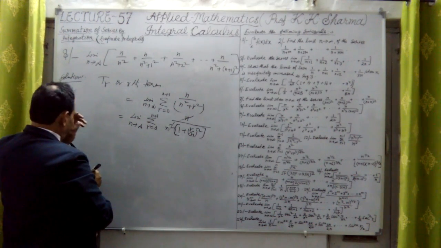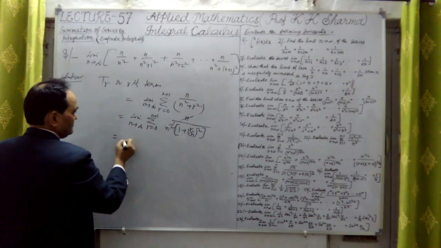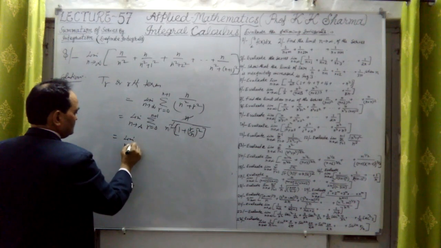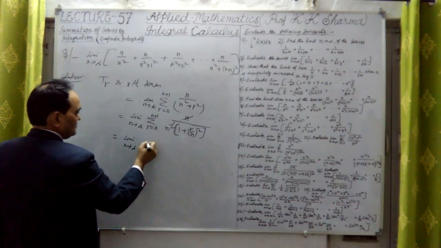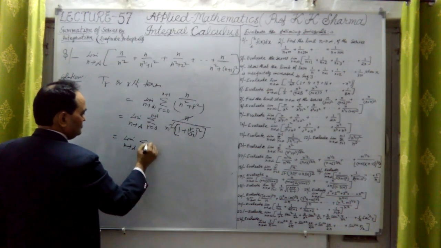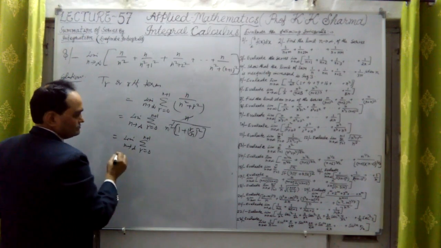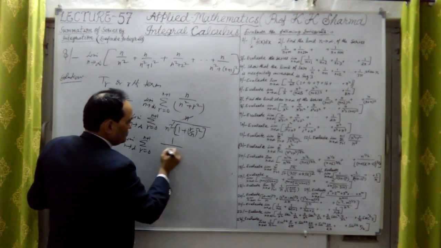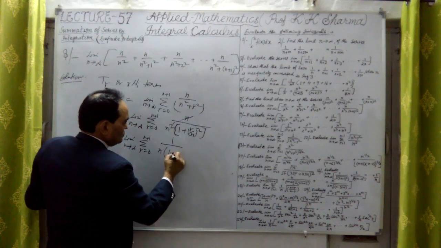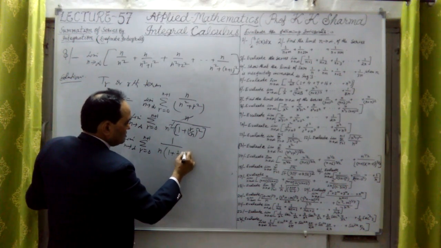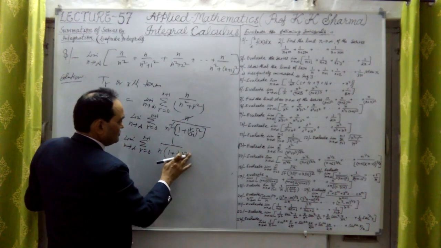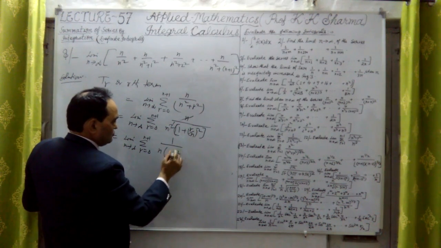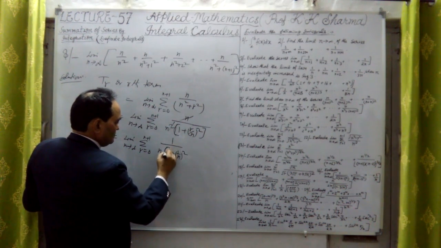The same form is there, which is nothing but limit n tends to infinity, sigma r equal to 0 to n plus 1, of 1 upon n into 1 upon 1 plus r upon n whole square.